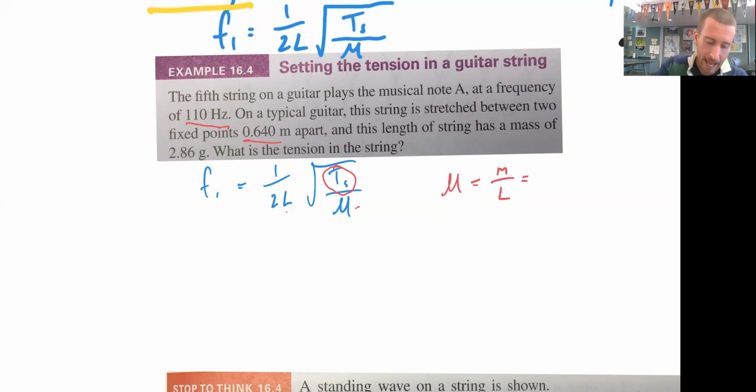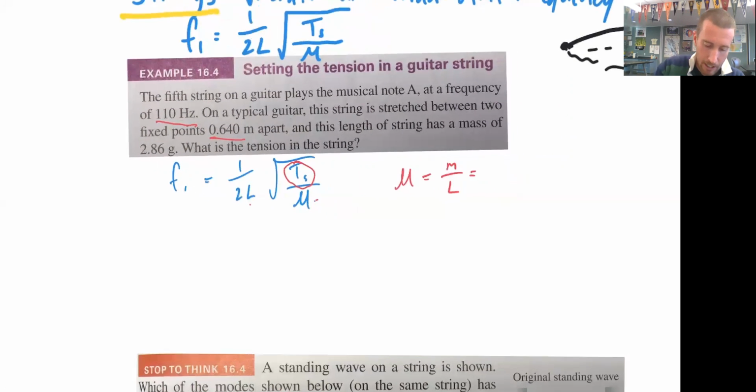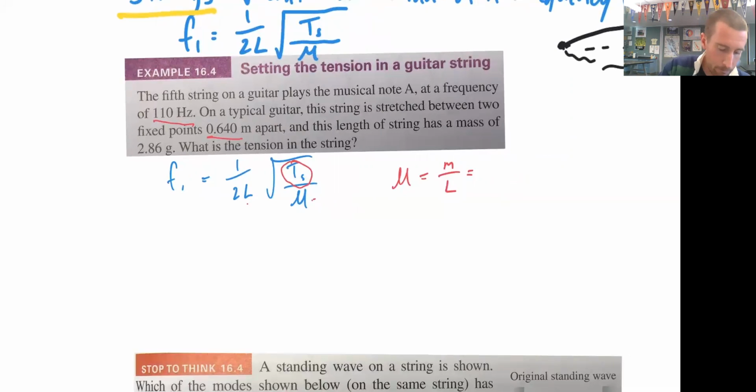The mass should be in kilograms, so 2.86 grams becomes 0.00286 kilograms, divided by the length, which is 0.64 meters. 0.00286 divided by 0.64 gives me 0.00447.